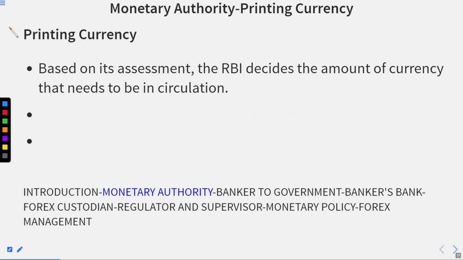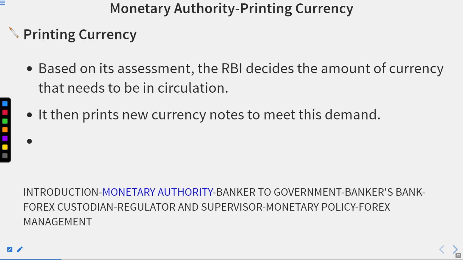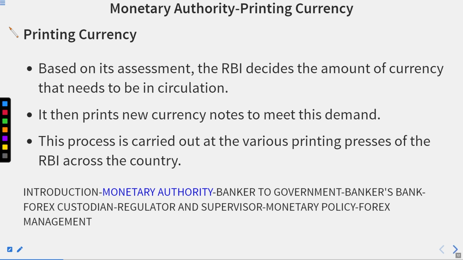Printing currency: based on its assessment, the RBI decides the amount of currency that needs to be in circulation. It then prints new currency notes to meet this demand. This process is carried out at the various printing presses of the RBI across the country.